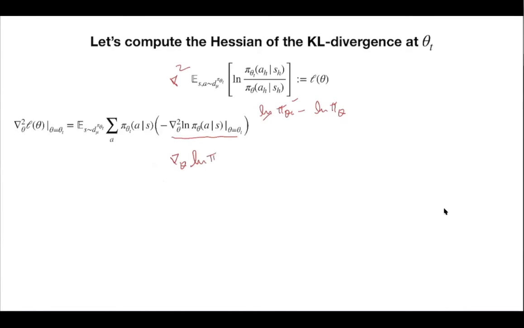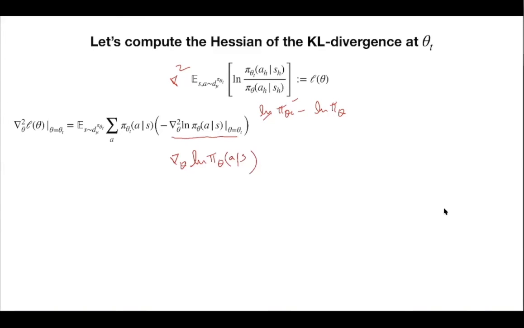So log of pi theta A given S. In order to compute the second derivative, let's compute the first derivative and then apply another derivative on top of it.